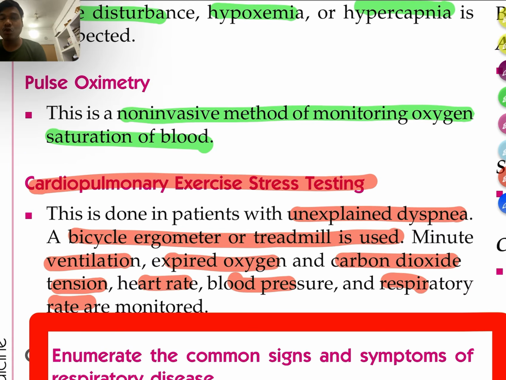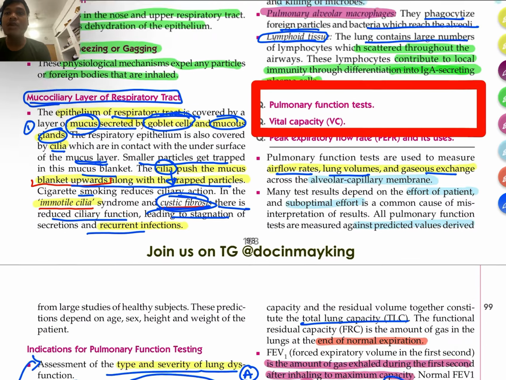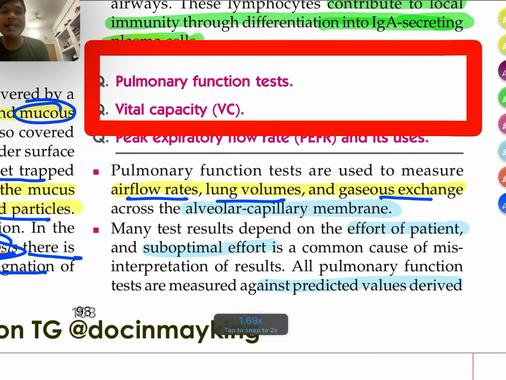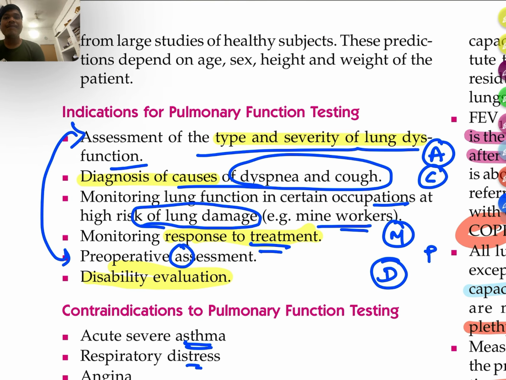So what we have studied till now, we will summarize. In the pulmonary function test, we started with vital capacity. Then we learned its indications. What are the indications?